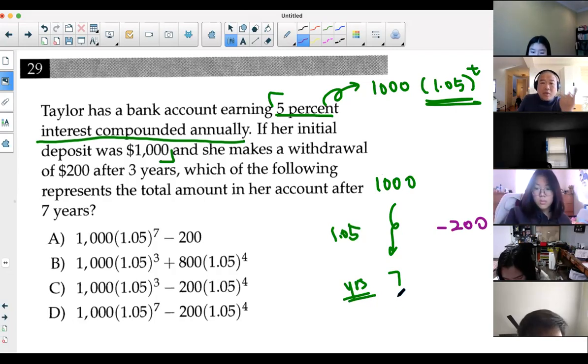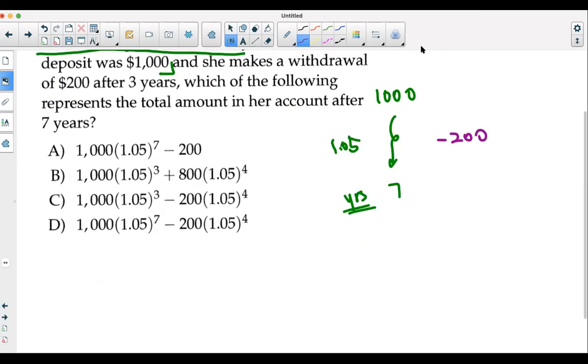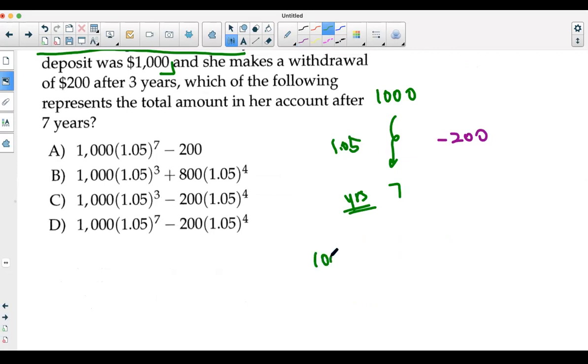In other words, not only did you lose the 200 itself, but you lost the interest that would have come along with that $200. All those things are lost as well. So then, how do you compensate for all those things? So my original would have been 1,000 times 1.05 to the 7th power. That's what I would have had.